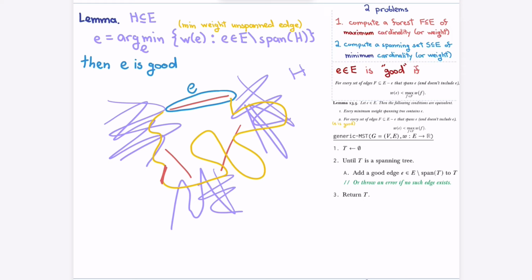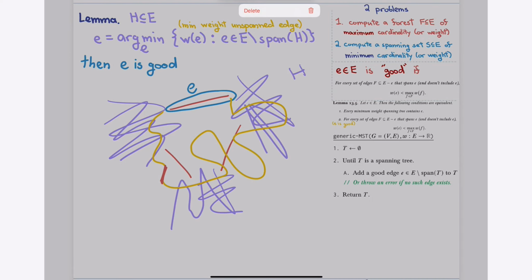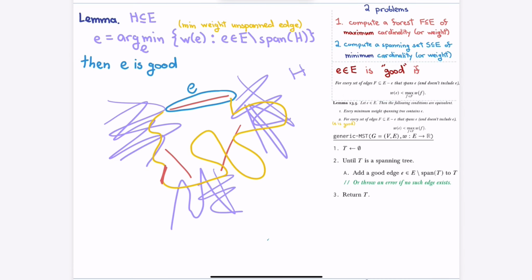Okay, so what might a greedy algorithm look like? What would be the first edge you take? Yeah, maybe you take the lowest weight one first. What would the second edge be? It would be maybe the second lowest weight edge. Maybe it looks like that or something, right?